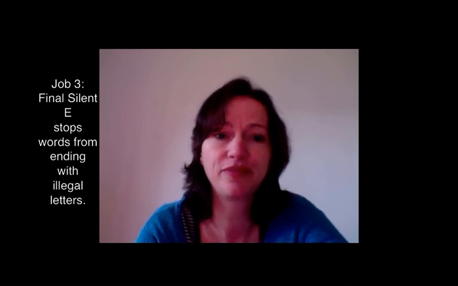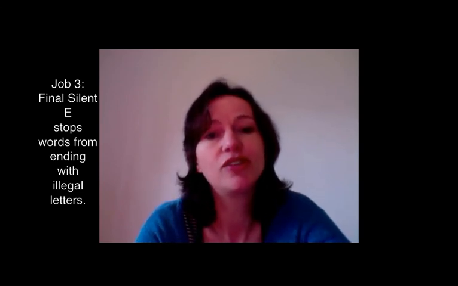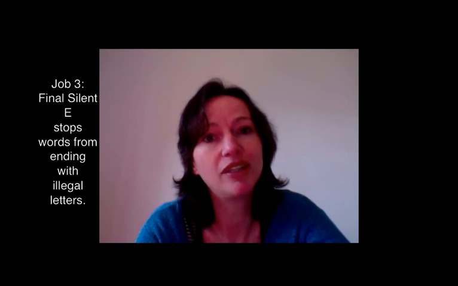But there's something wrong. What is it? It doesn't look right because U is an illegal letter. We've covered this before. So, the third job of final silent E is to stop words from ending with illegal letters. So let's enshrine that now. Job 3. Final silent E stops words from ending with illegal letters.